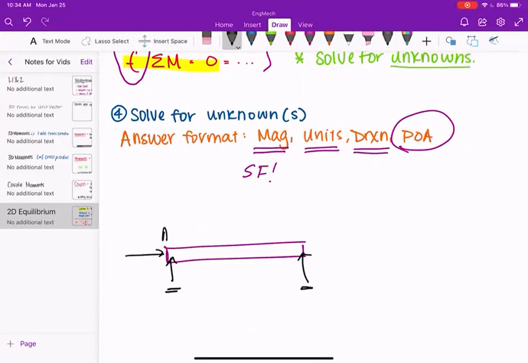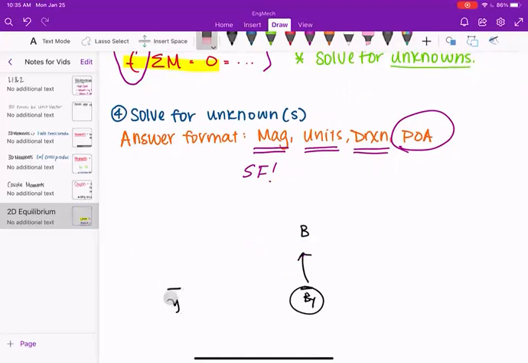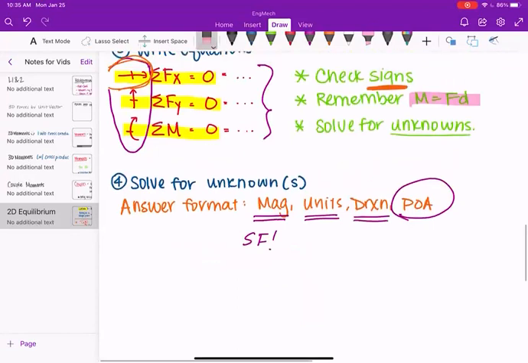But if this is called point A and this is called point B, this reaction will be called AY and this will be called BY. I want my answer to be like 4 pounds up at point A or 3 pounds down at point B. So you have to make sure, especially with these more complicated problems that have multiple points that forces could be acting on, that you're identifying what point it is actually acting on in your answer.